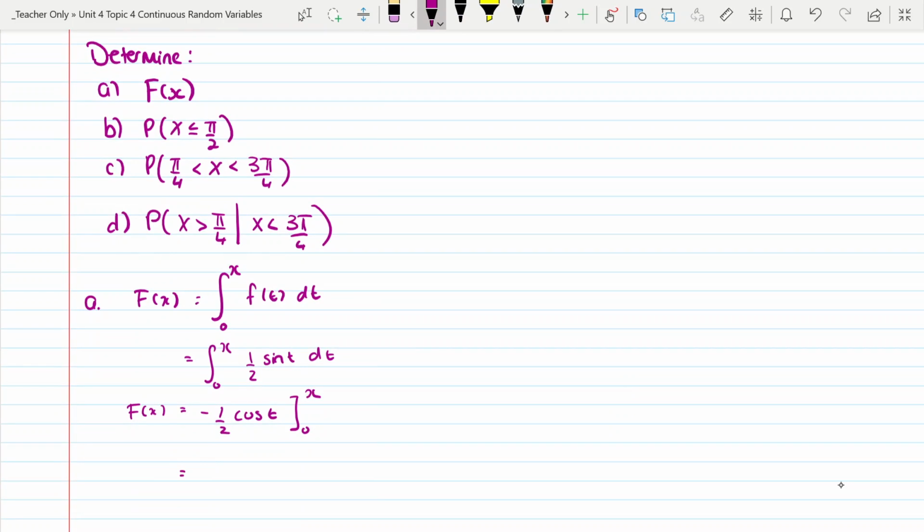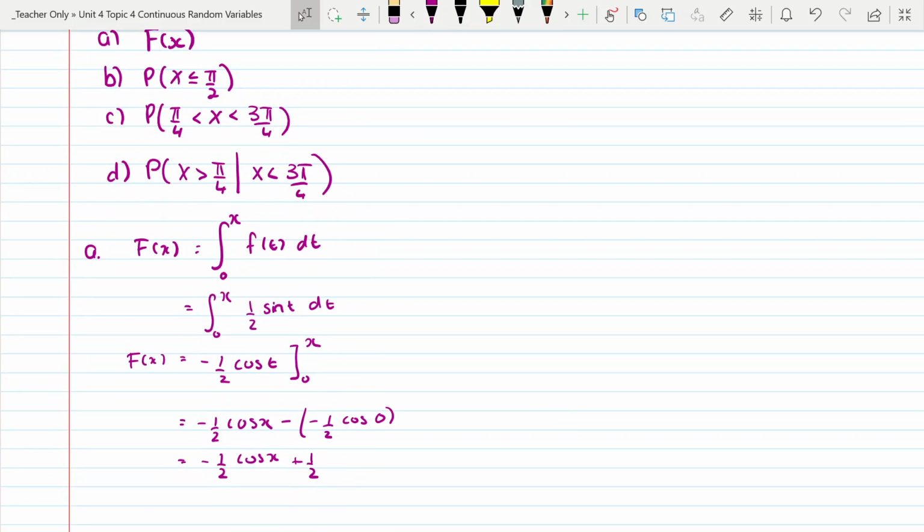And when we substitute that in, we get negative a half cos x minus negative a half cos of 0. And of course cos of 0 is equal to 1, so we have negative a half cos x plus a half.